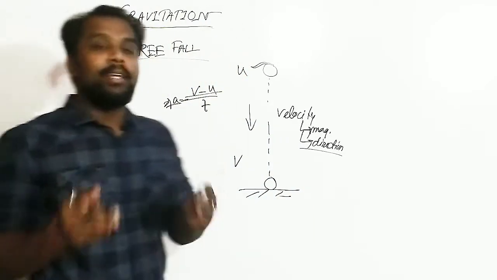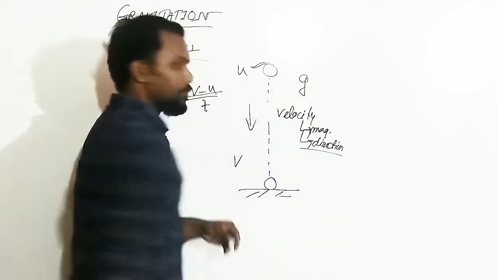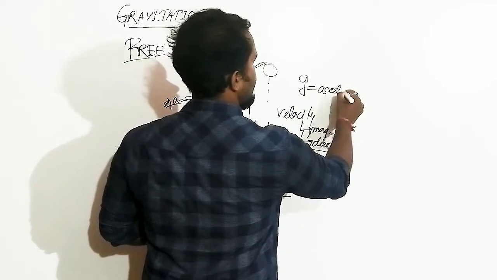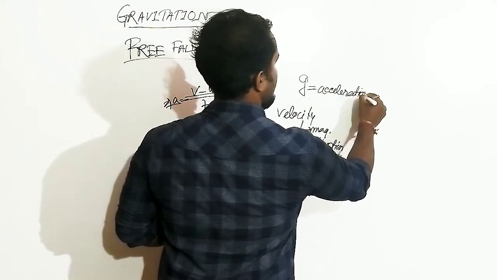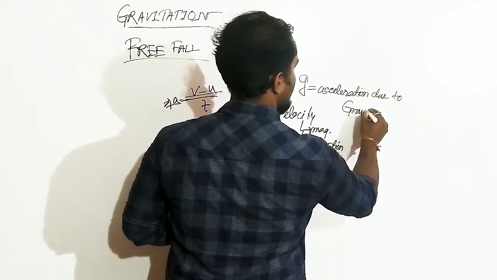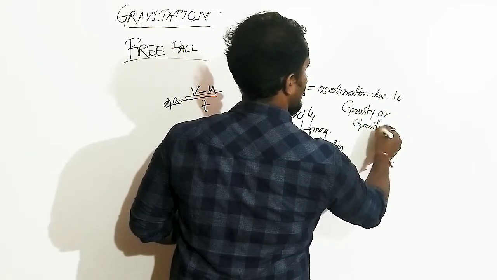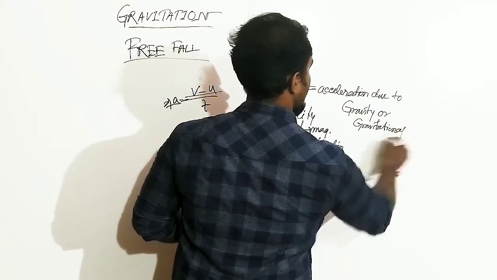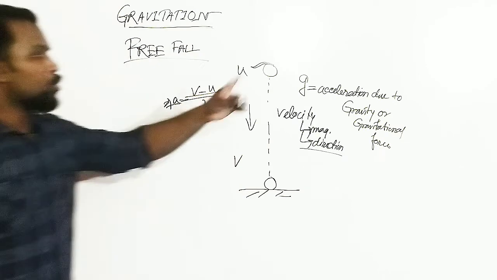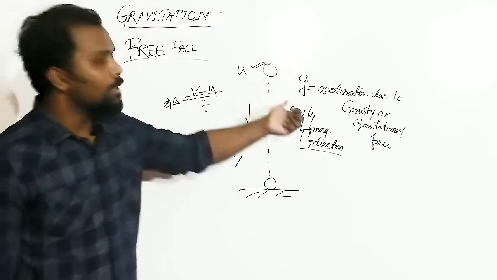And that acceleration is always denoted by small g. Small g is known as acceleration due to gravity or gravitational force. Clear? We have got the g, that is gravitational acceleration.